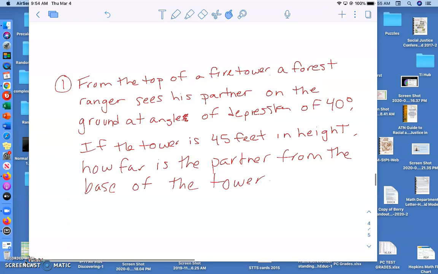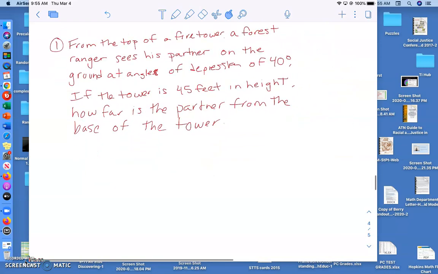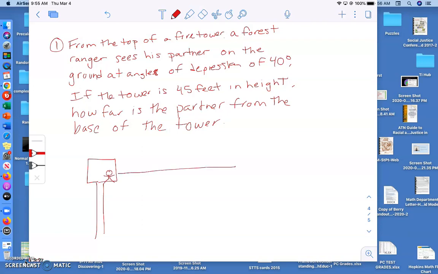So this is going to test your art skills here. From the top of a fire tower. So we have a fire tower. Here's our fire tower. There's this person right up here who sees his partner on the ground at an angle of depression of 40. So remember, horizontal and looking down.